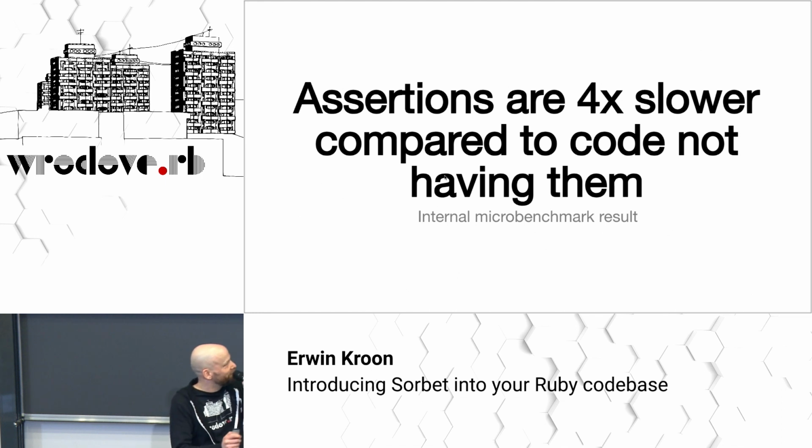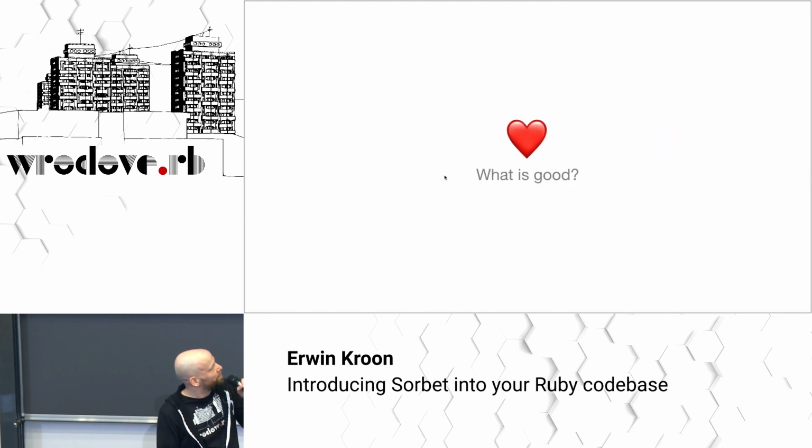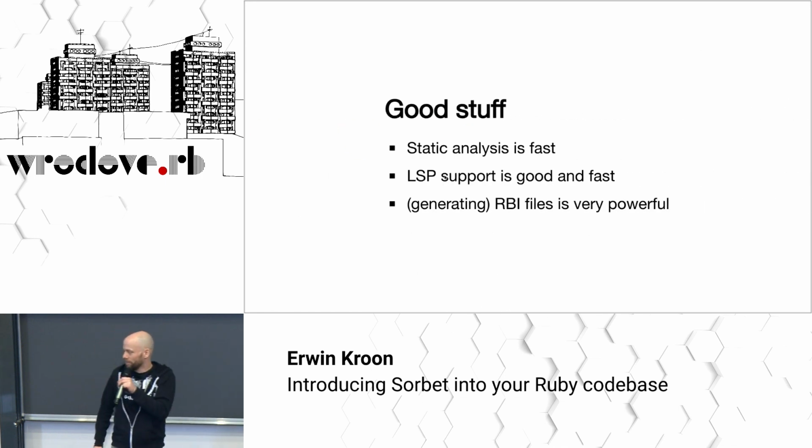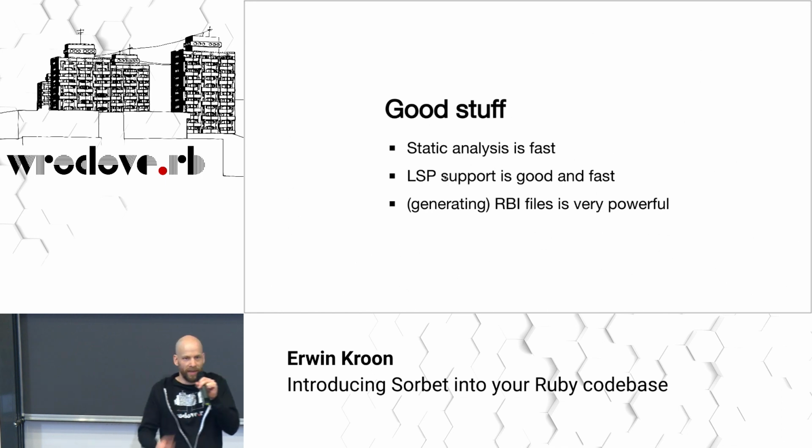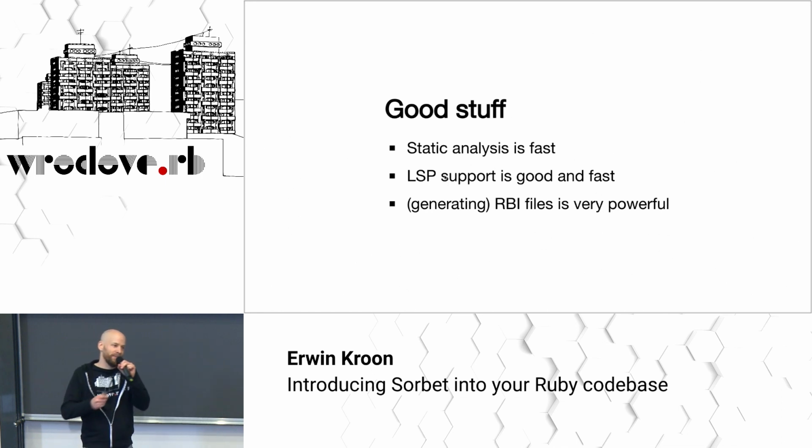And what is good about Sorbet? What I really like is that before Sorbet, I could use Solargraph or some other LSP, but I could never click through to anything. We have such a big code base. Maybe if I restarted my codespace, I got it for 5 minutes, then it was gone. With Sorbet, it's way better. I can click a lot.